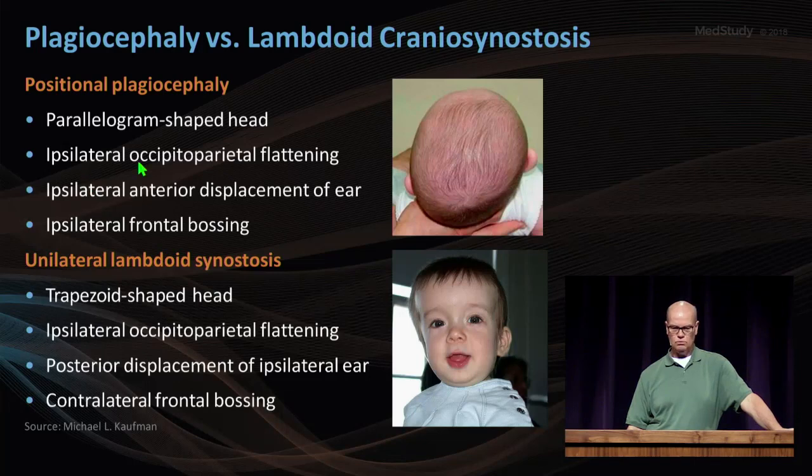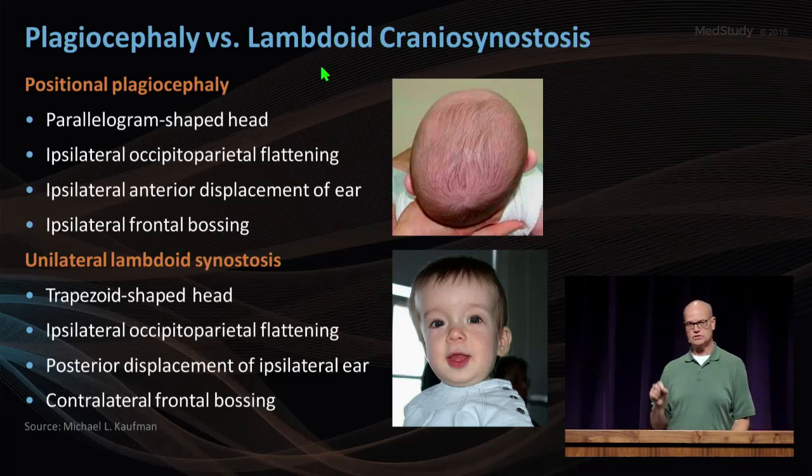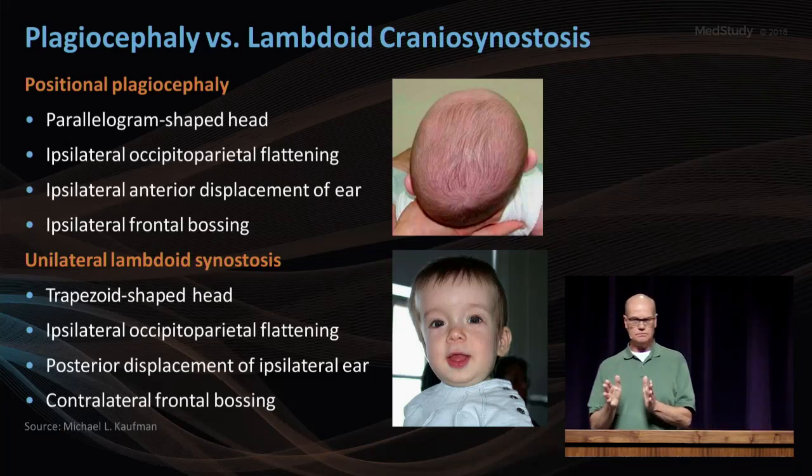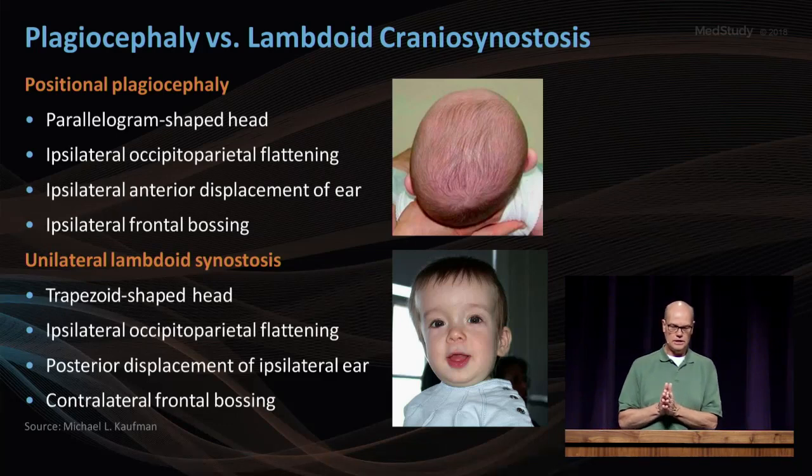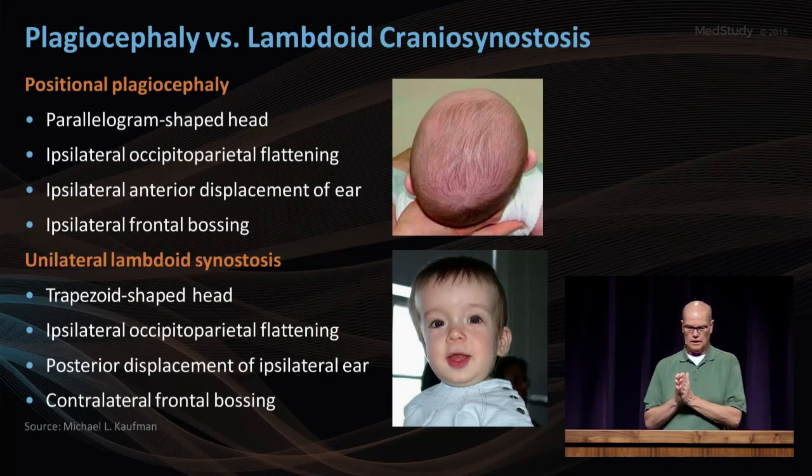Both are associated with ipsilateral occipital-parietal flattening, but the difference lies in the direction that the ear is displaced and whether the frontal bossing is ipsilateral or contralateral. So know these differences because the recommended treatment is very different between these two disorders, which can, especially at first, look very similar because of the fact that ipsilateral flattening in the occipital parietal area is present in both.